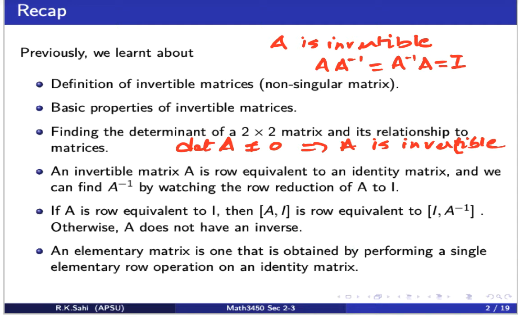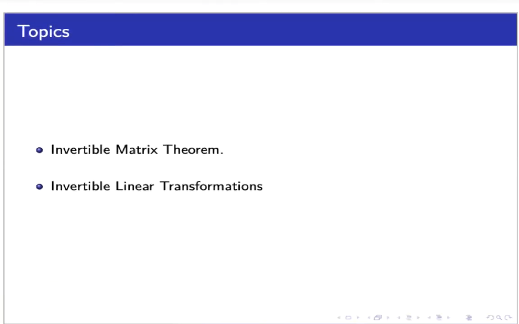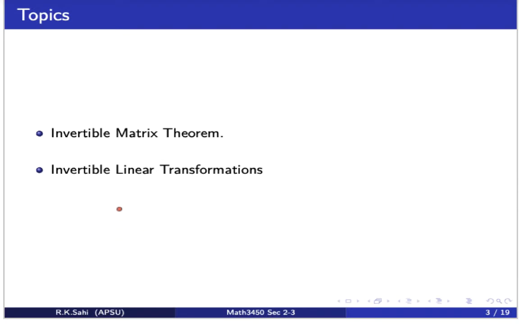And in this section, we are going to be talking about two important concepts. One is the invertible matrix theorem. The other is invertible linear transformations. So let's start with the invertible matrix theorem.